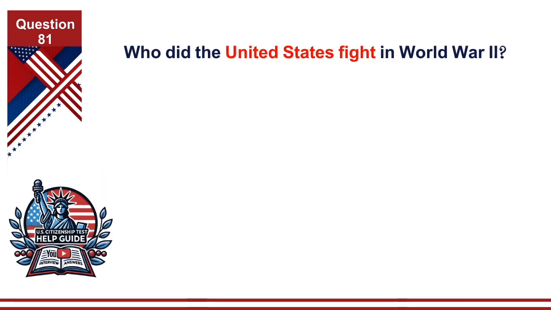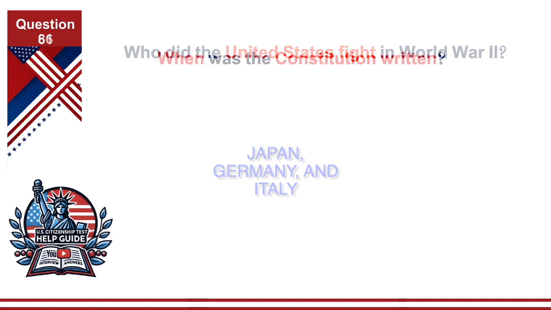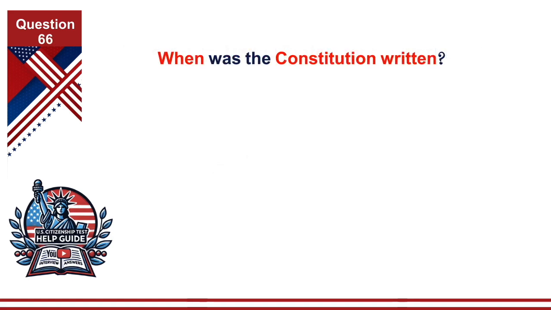Who did the United States fight in World War II? Japan, Germany, and Italy. When was the Constitution written? 1787.